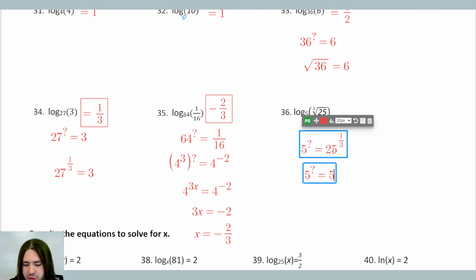And 5 squared to the 1/3 power would be the same as 5 to the 2 times 1/3, which would be the 2/3 power. Now it's a little bit more obvious what the answer is going to be here. It's going to be 2/3.